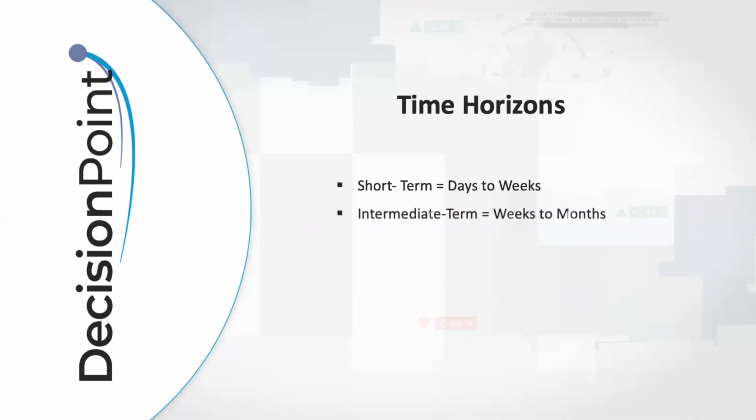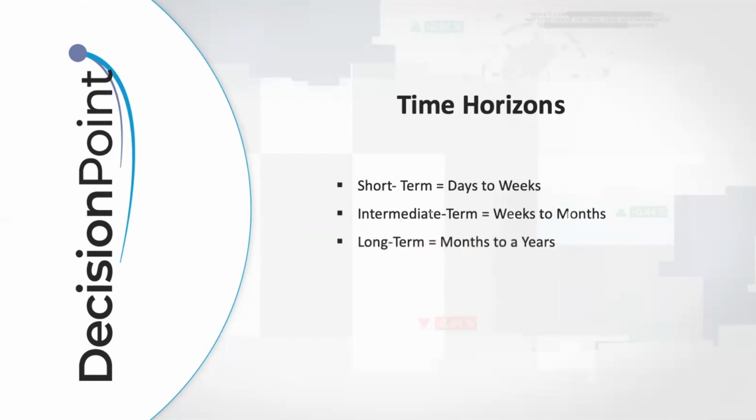Now, when you get into the intermediate term, those time horizons are typically weeks to a month or two, or months. And so when you're looking for your investment here, you're going to want to look at different charts to give you different indications as to what you want to invest in, whether it's a good intermediate term trade versus a short term or a long term.